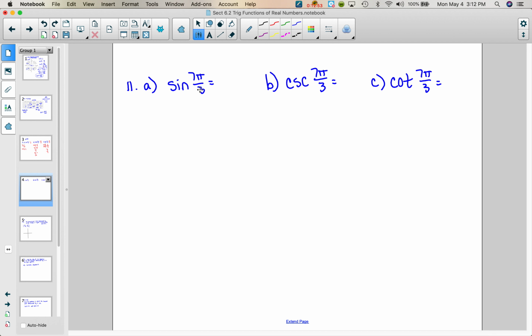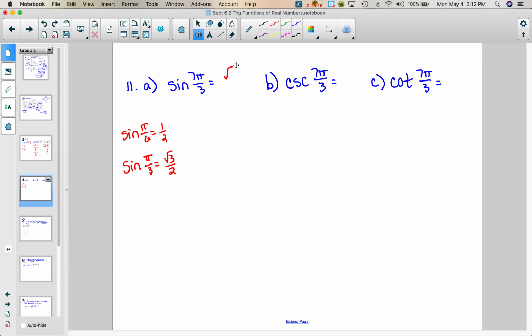Next one. Sine of 7 pi over 3. There's a 3 on the bottom. Well, I know sine of pi over 6 is a half. That means sine of pi over 3 is the other one, root 3 over 2, because those always go together. So again, this is what I memorize. This is my thought process.